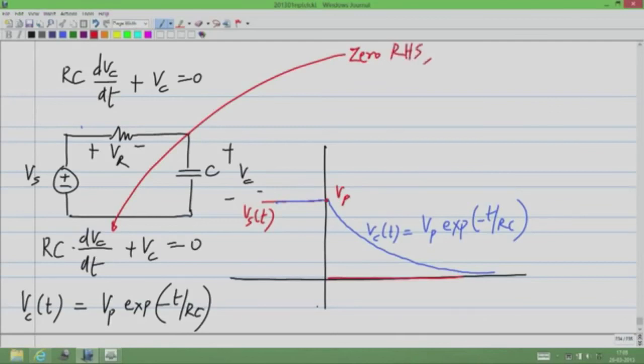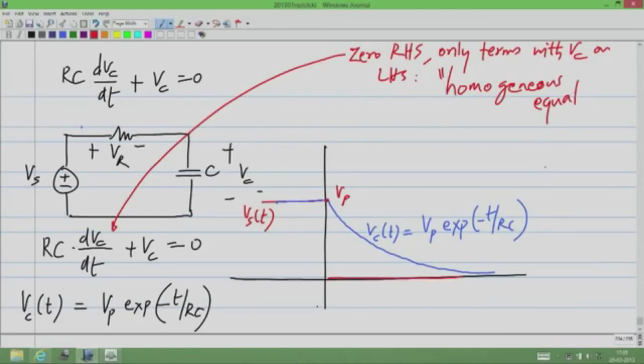which has a 0 on the right hand side and only terms with Vc on the left hand side, this is known as a homogeneous equation.